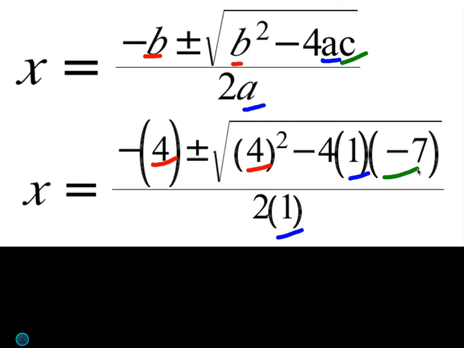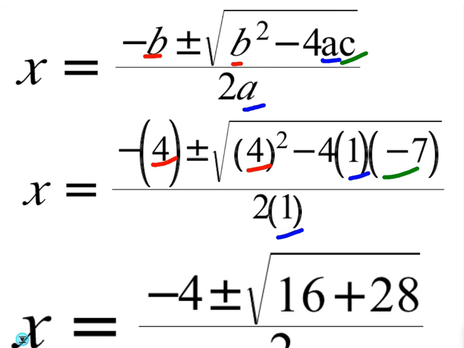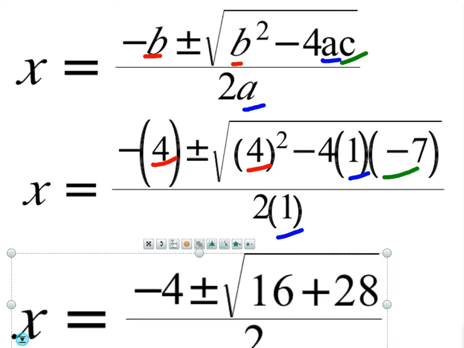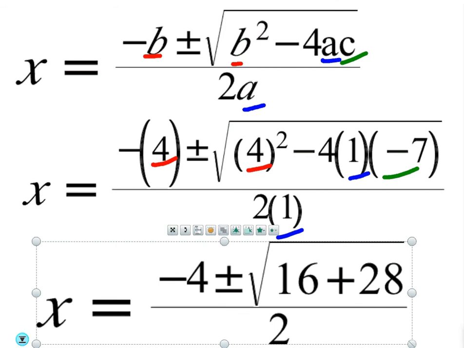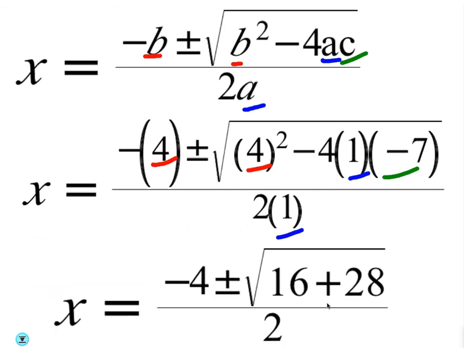Once you plug it in, then you use the order of operations to simplify the expression. All right, so I can go ahead and do what's inside the radical. The negative 4 just stays negative 4, so that's not much.